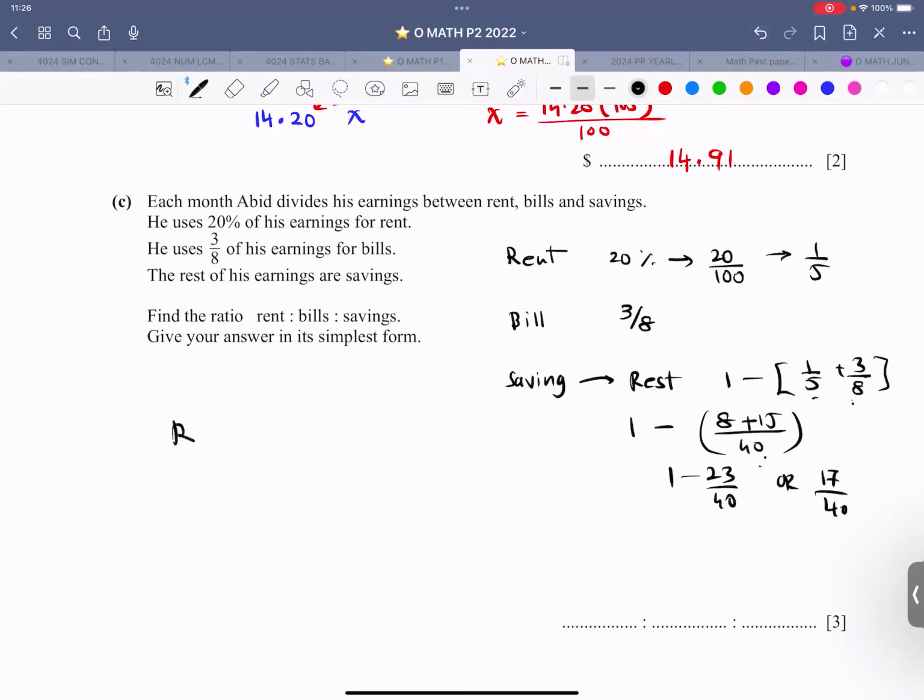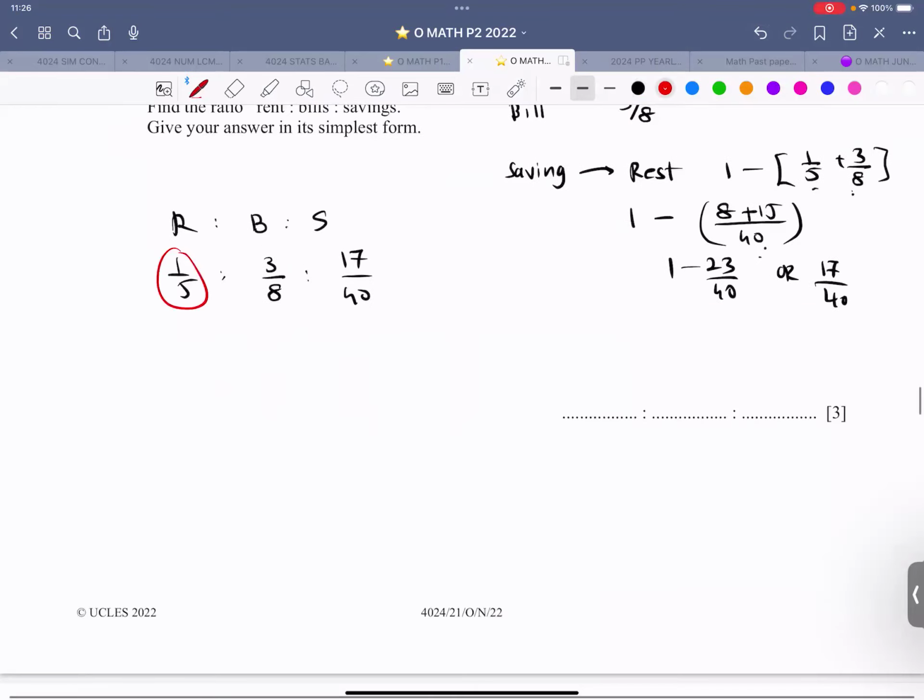So now we have rent, bills, and savings. This is 1 over 5, this is 3 over 8, and this is 17 over 40. We need the ratio. So let me take 1 over 5 and multiply and divide by 8, because I want to convert the denominator to 40. So this becomes 8 over 40.